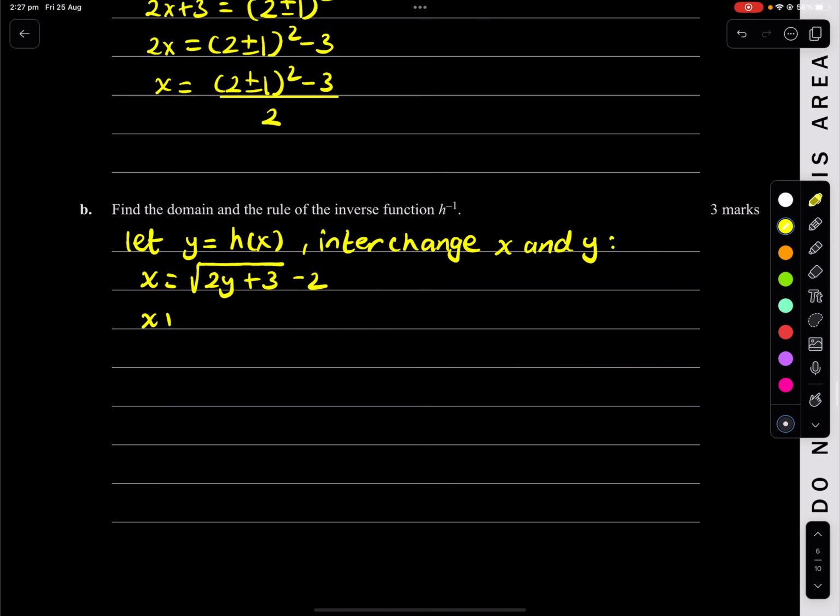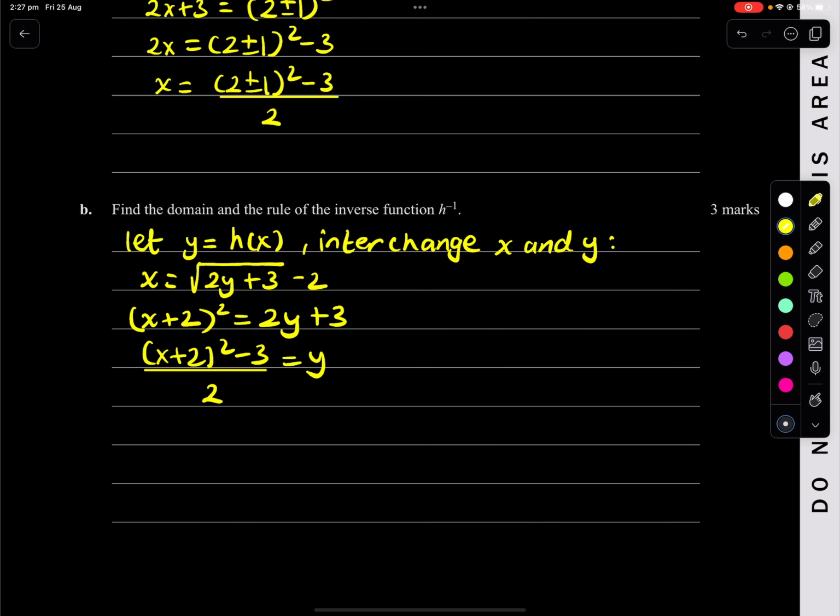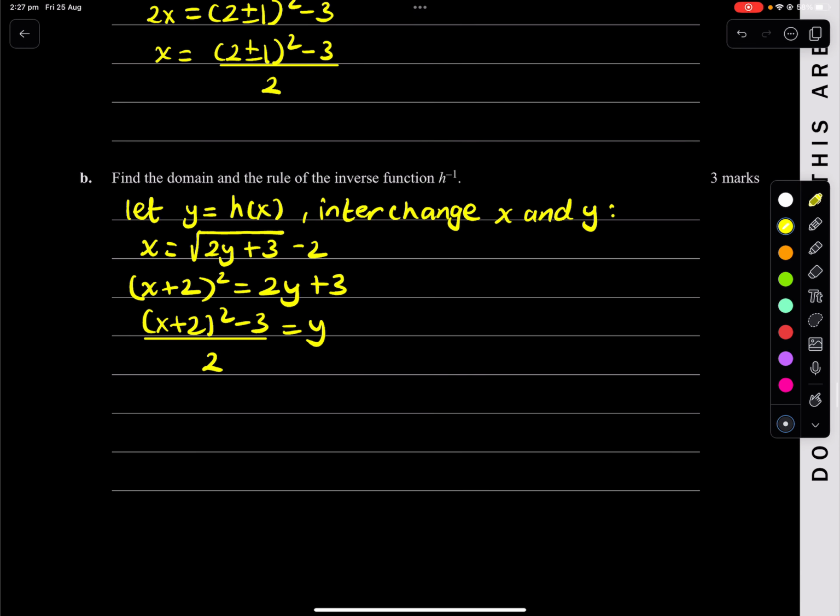So it'll be x plus 2 squared equals 2y plus 3, so x plus 2 squared minus 3 all over 2 equals y. Is that right? Yep. And that's therefore your h inverse of x. So h inverse of x is x plus 2 squared over 2 minus 3 on 2.